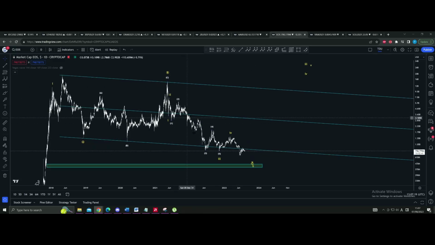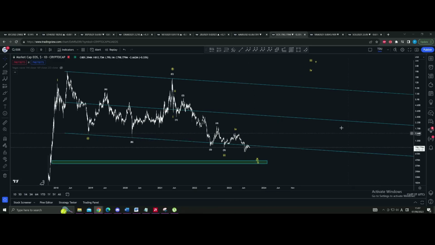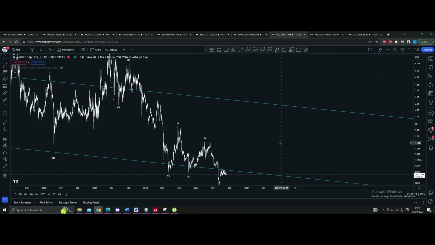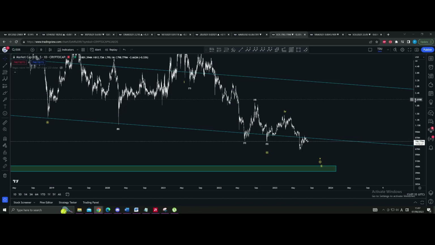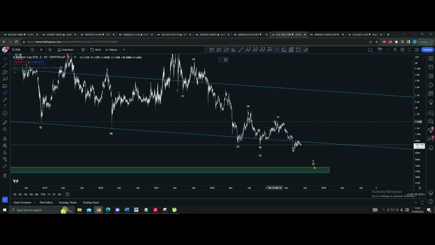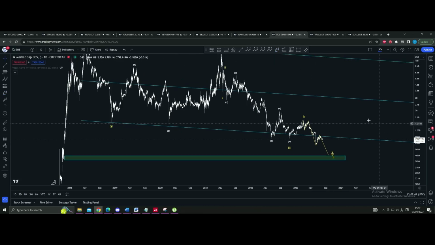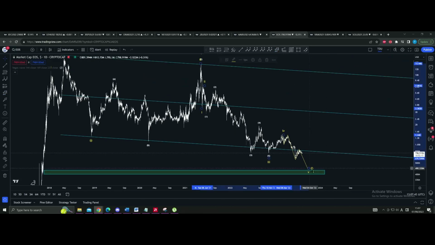Okay, 1, 2, 1, 2, 3, 4, 5, or a triangle for 4 and a 5. It formed something. Nobody cares. It's ugly. This could just be 1, 2, 3, 4, and 5. But again, if everything goes, this will.